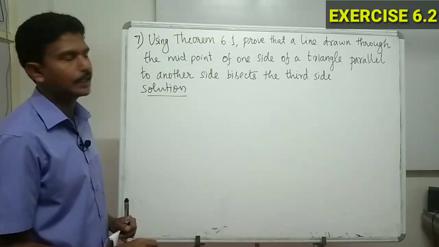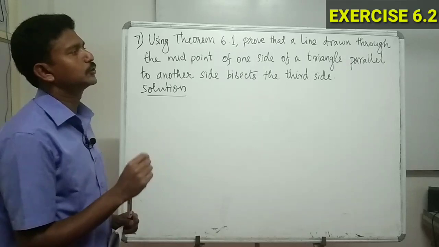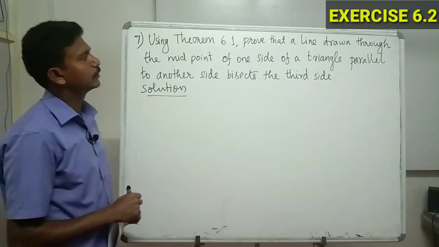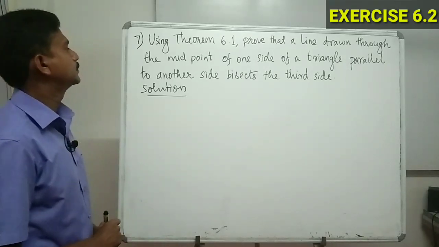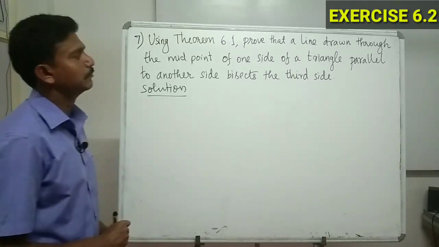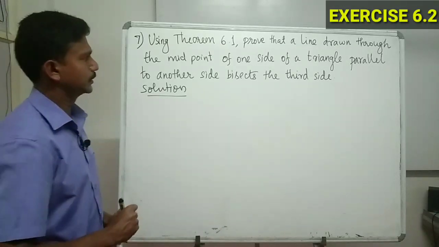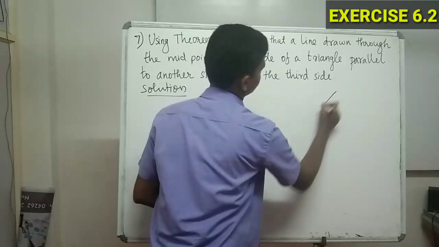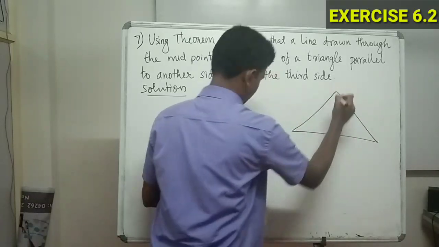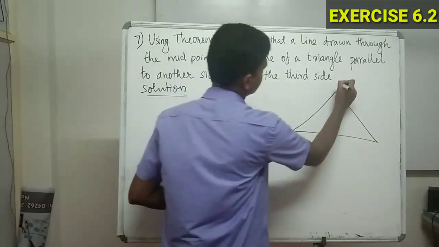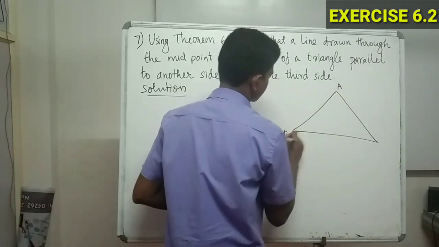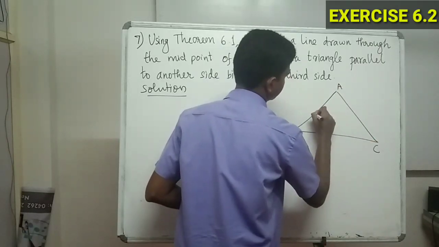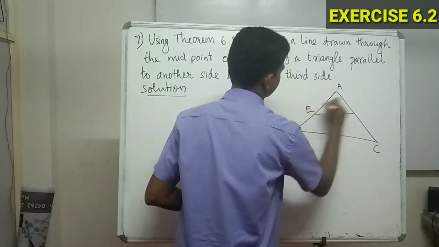Prove that a line drawn through the midpoint of one side of a triangle parallel to another side bisects the third side. Okay, so we can draw a triangle and name it ABC. The picture is not given in the exercise question itself, so we can draw it.